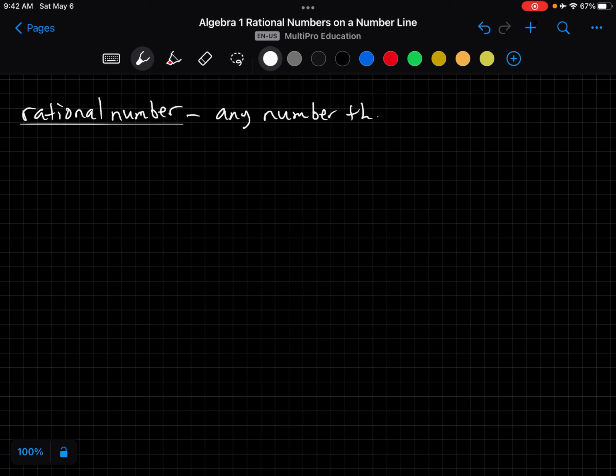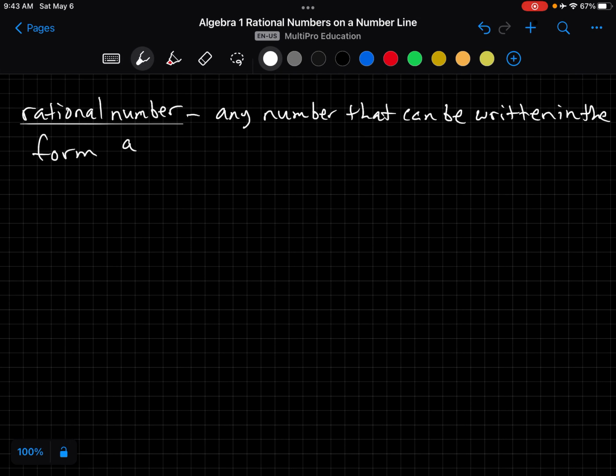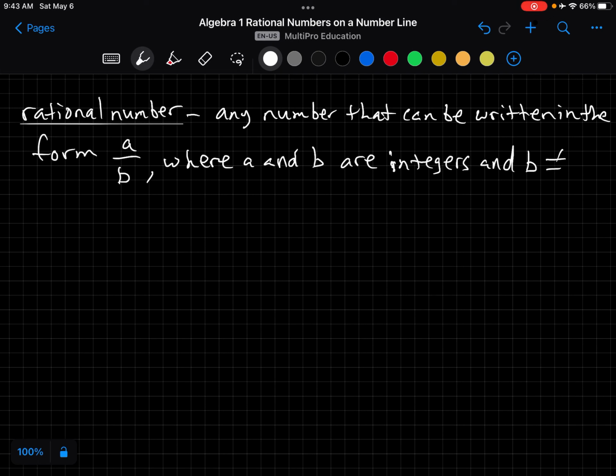It is any number that can be written in the form A over B, where A and B are integers and B is not equal to 0.